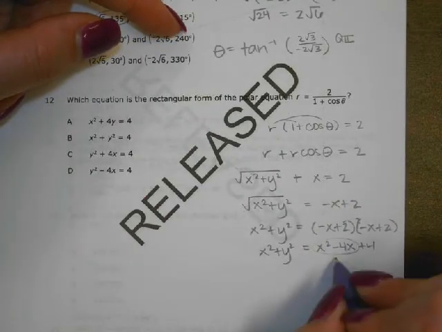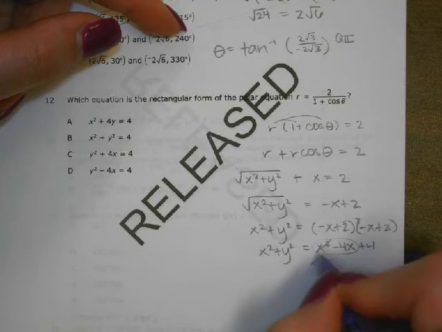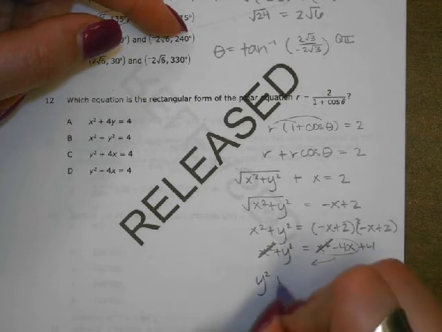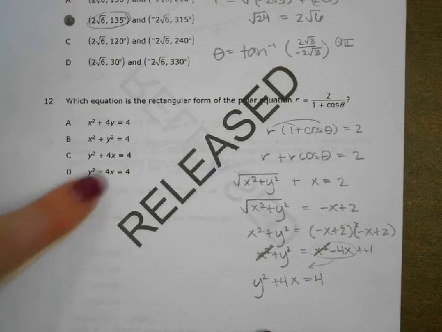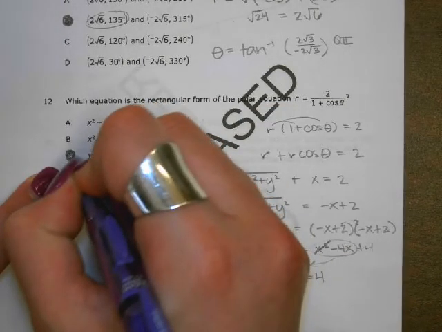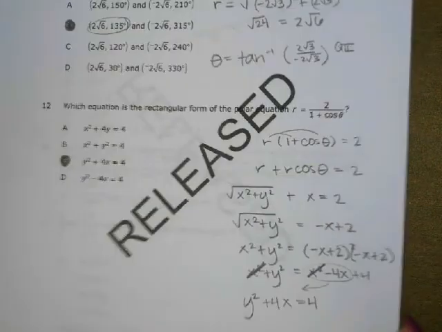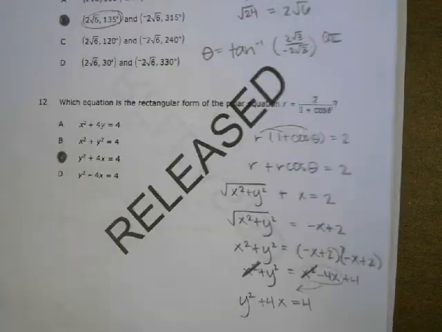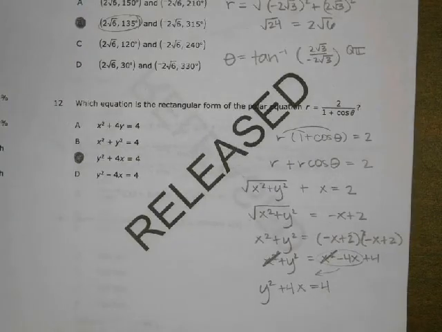So that just means we're going to take these two things and subtract them over, or add. So the x squared, when I subtract it over, it cancels out, and I get y squared plus 4x equals 4. So not only do I know the answer, but I know that this would be a parabola. A sideways parabola. It's got a y squared. Sideways parabola would go towards the right, I believe. Left. Anyway, that's number 12. Fun, fun.